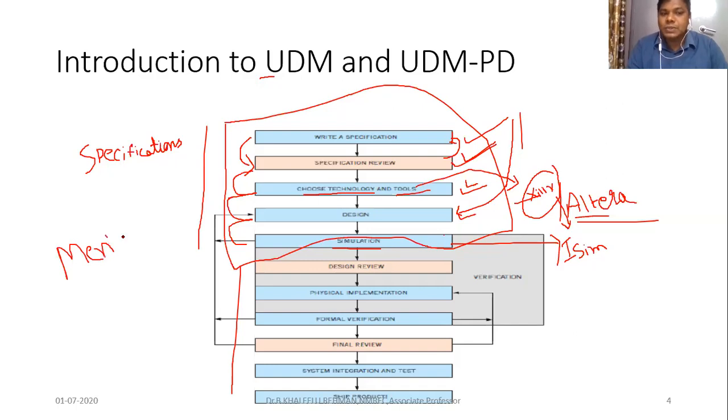Xilinx is used for synthesis and Mentor Graphics is used for simulation. The Mentor Graphics tool is called ModelSim, or QuestaSim. Now ModelSim is replaced with QuestaSim. ModelSim is a simulator.